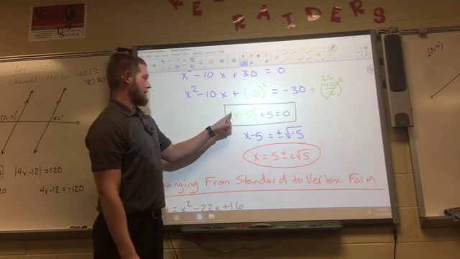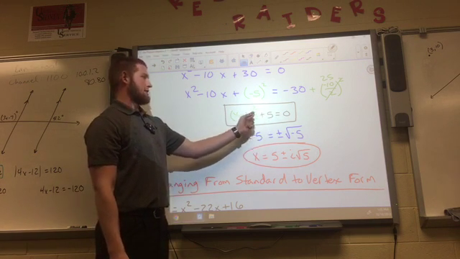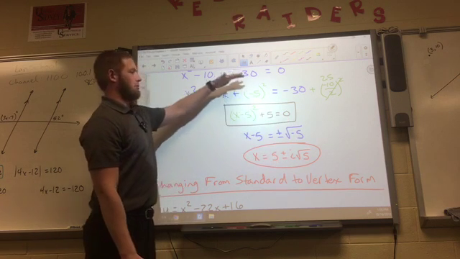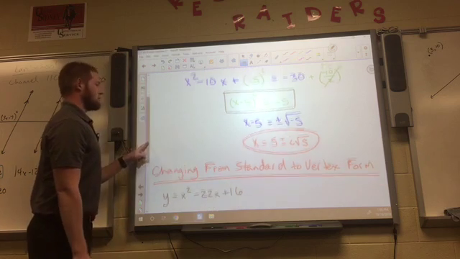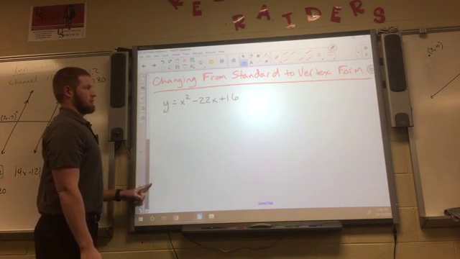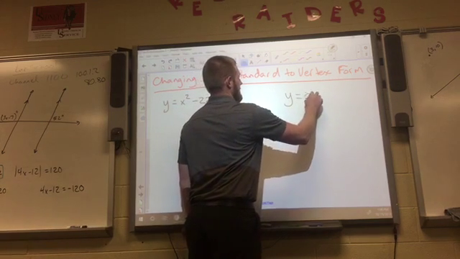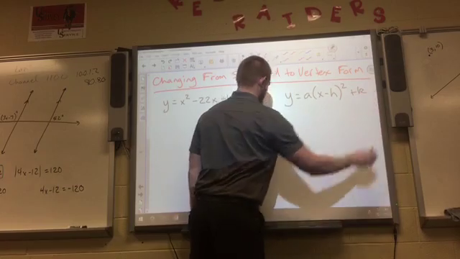Right? My a is 1. Right? This is vertex form. I just happen to plug in 0 for y right now. So completing the square can get us into vertex form, and that's how we're going to do this. So I'm looking for an equation that's in the form y equals a times x minus h squared plus k.